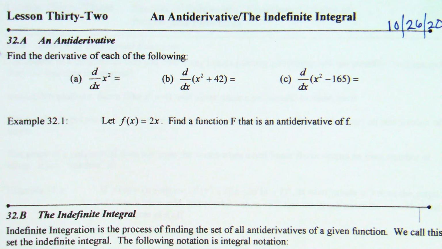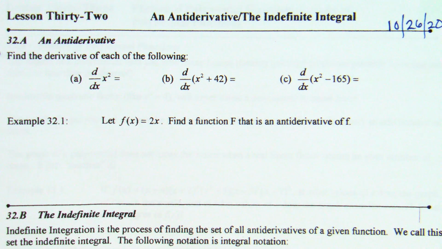So, brief review. Derivative of x to the fifth: you bring the 5 out front, subtract 1 from the power, 5x to the fourth. Derivative of sine x is cosine x.